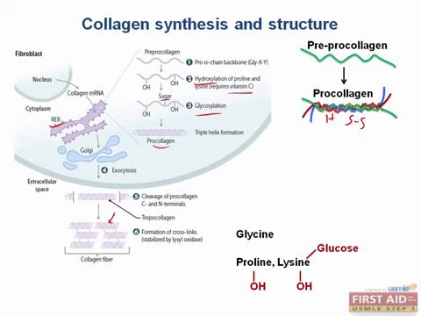Procollagen is then transported from the ER to the Golgi, and does that step require COP1 or COP2? That would be COP2, which is for anterograde transport. What happens to collagen once it's in the Golgi? Actually, not much happens in the Golgi at all.